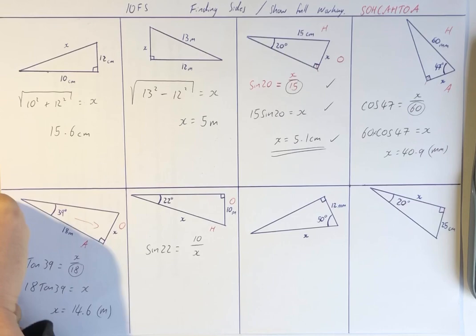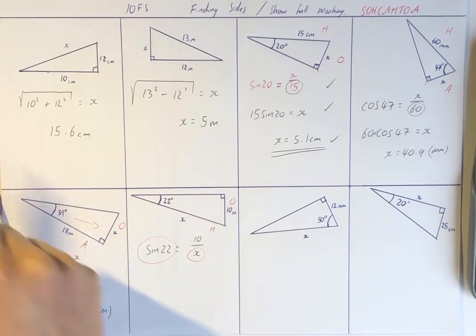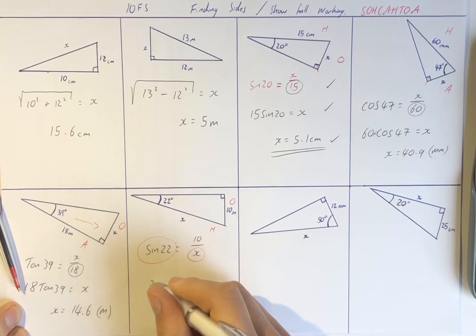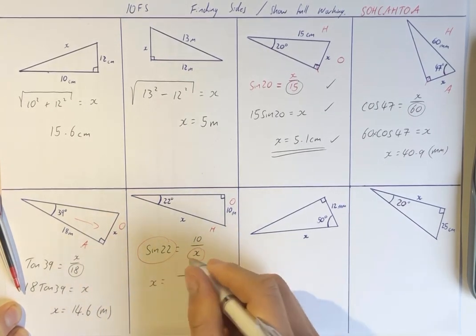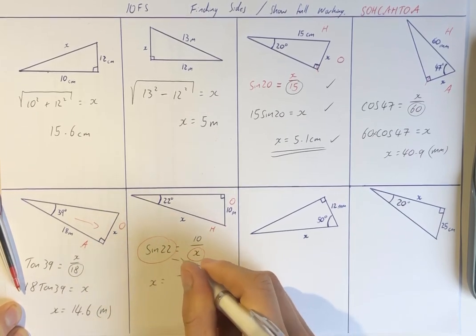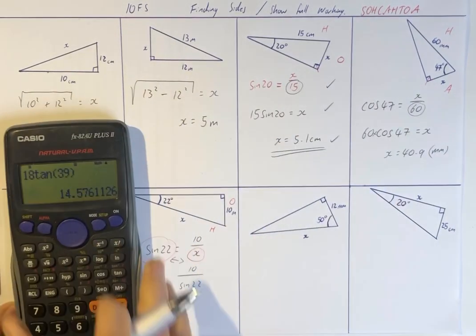What we do instead is we switch this and this. So x becomes sine 22, and sine 22 becomes x. We just switch those around. I've proved that before. So 10 over sine 22.